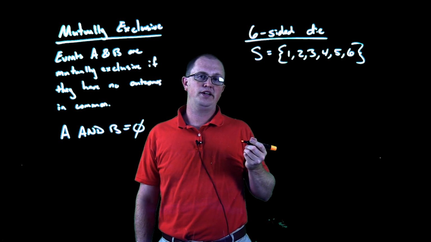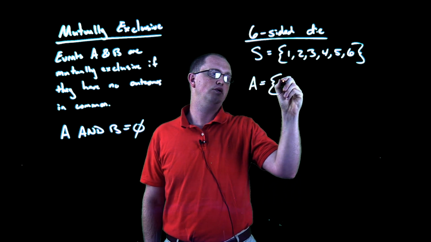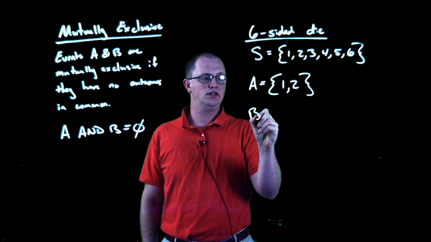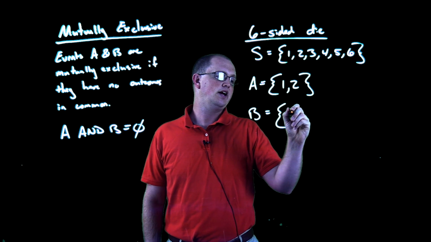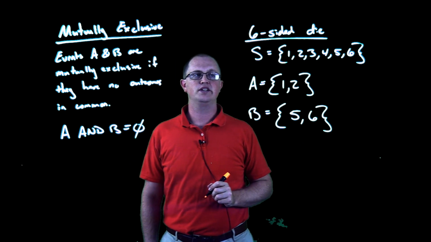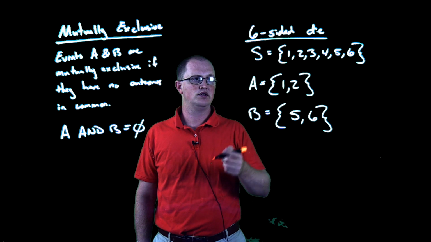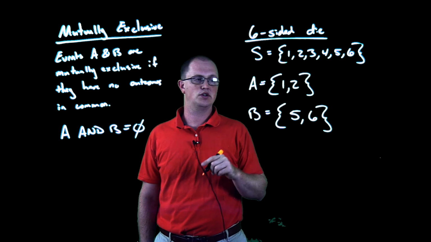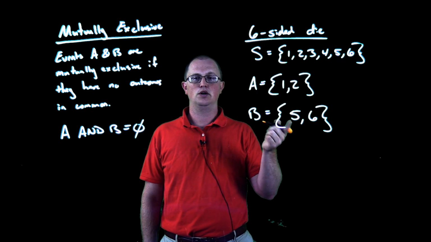We can define event A, which is rolling a 1 or a 2, and we can define an event B as rolling a 5 or a 6. And then we can see that these two things are mutually exclusive. 1 appears only in A, 2 appears only in A, 5 appears only in B, and 6 appears only in B as well.